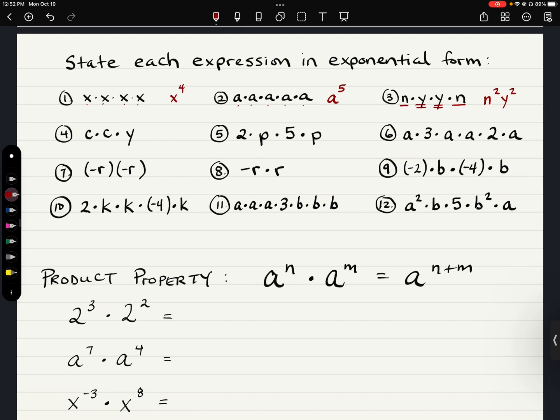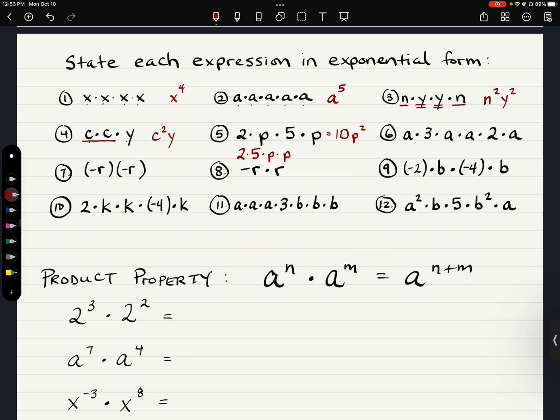Number 4, we have c times y. With this one, we can take those c's and multiply them. We'll get c squared, and then we'll just have our y on the end. Number 5, we're incorporating some digits, right? So this is like 2 times 5 times p times p. 2 times 5 is going to give us 10, and p times p gives us p squared.